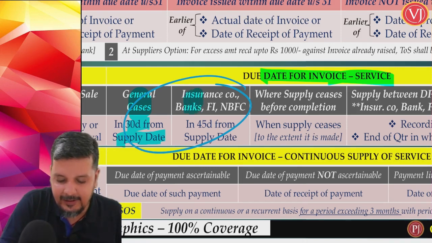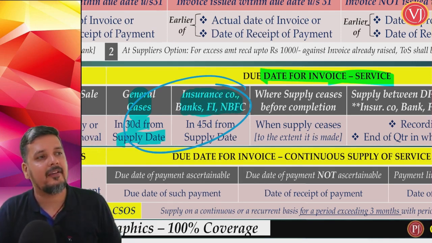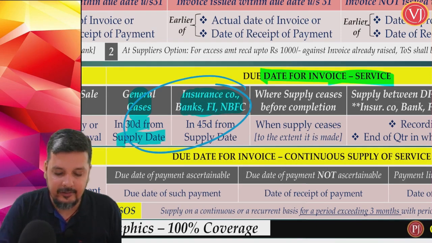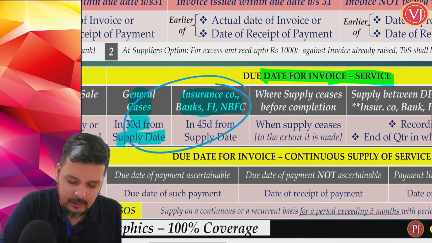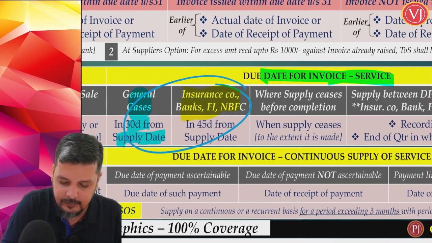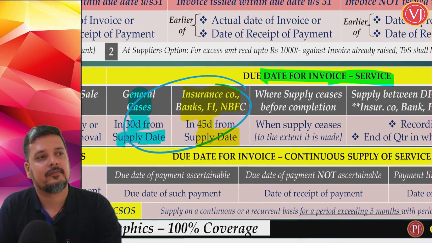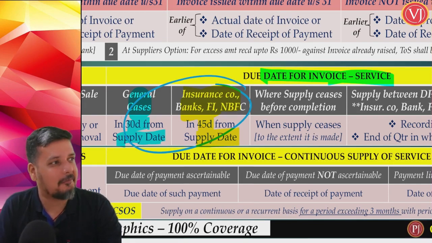Now, for banking sector and insurance sector. For banking sector and insurance sector, banking sector will always include banks, financial institution, non-banking financial company. This 30 days is changed to 45 days. Breathing time is there? More breathing time.